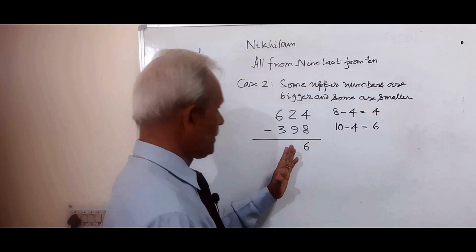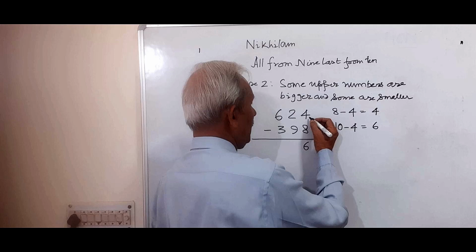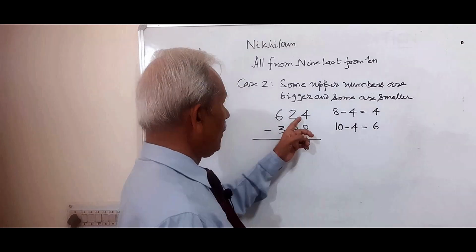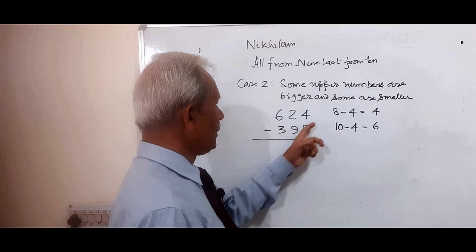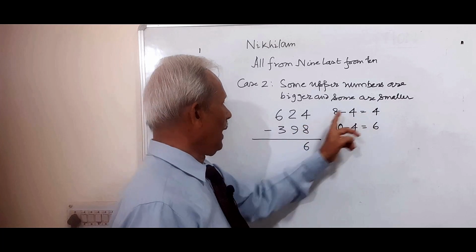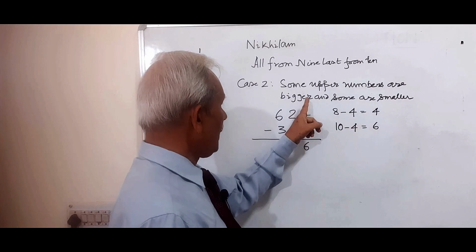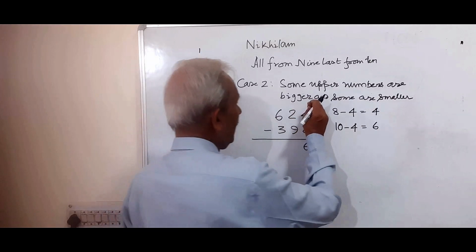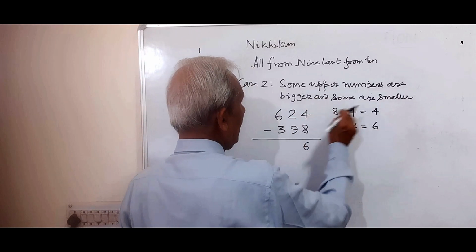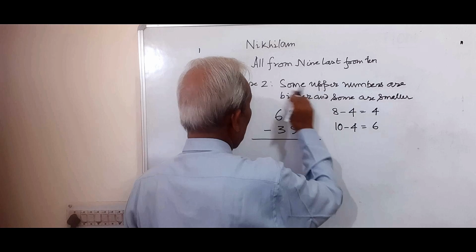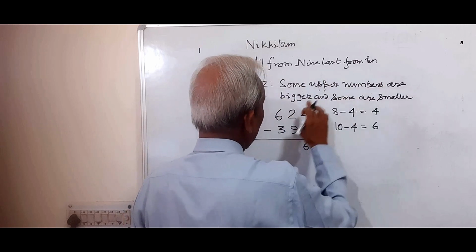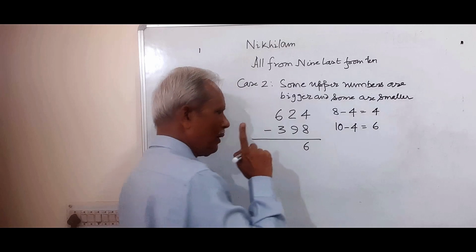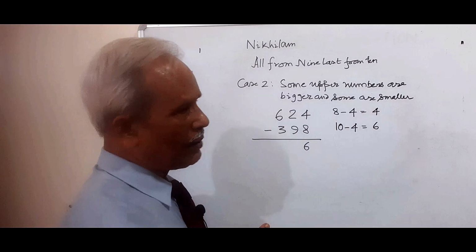Try to understand this. What I have done here: the upper number is smaller. The moment it's smaller, what is to be done? Find the difference between these two. 8 minus 4 is 4, and this is the last number, and this 4 is to be reduced using all from 9, last from 10. 10 minus 4 is 6, and you write down 6. Now here, one thing you try to understand.